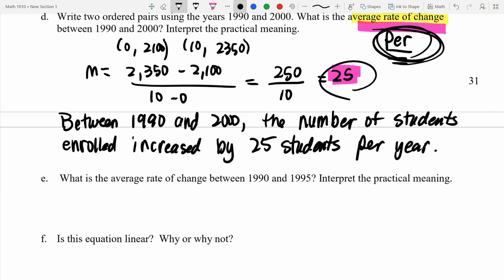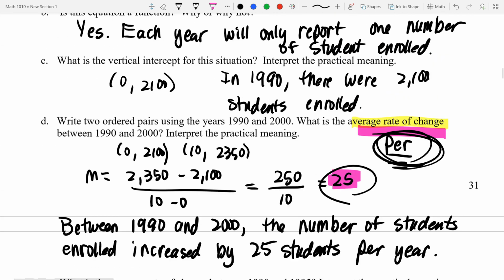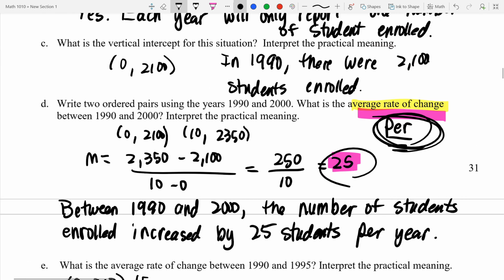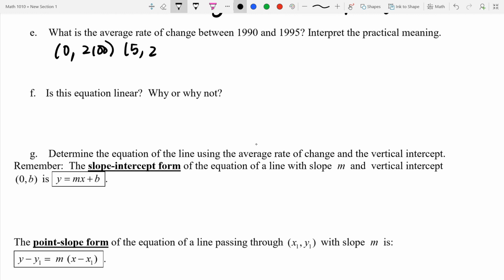If they're asking you to interpret an average rate of change or a slope, you must write the word per in there, okay? Question E, what is the average rate of change between 1990 and 1995? So that would be 0, comma, 2,100, and then 5, comma, 2,225. Let's find the slope.